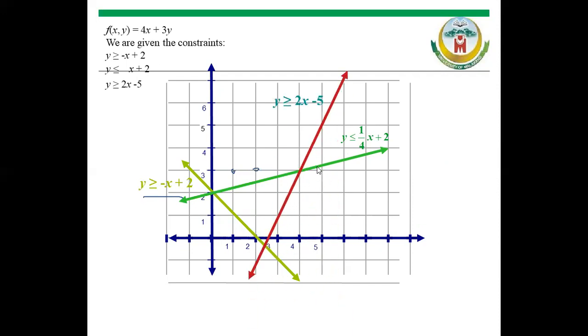The previous one, y is less or equal to 1 over 4x plus 2, represents the region below this line.